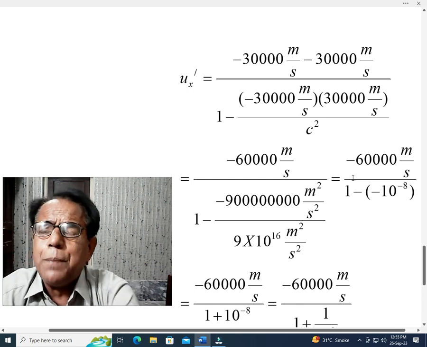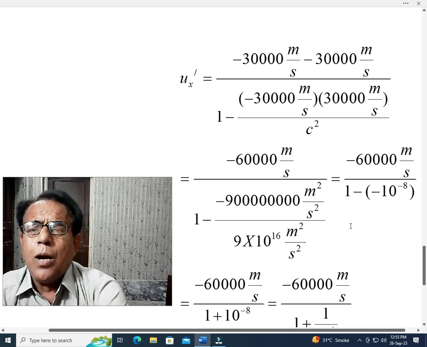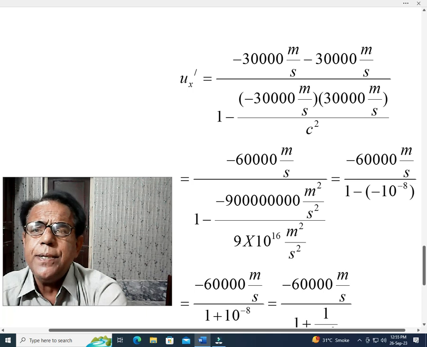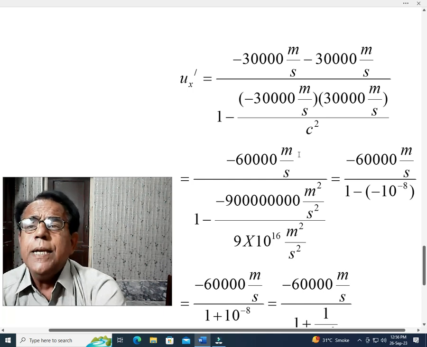In the next step, the numerator has no change, but the denominator has become 1 minus 9 with 8 zeros meter square per second square, because meter per second multiplied by meter per second becomes meter square per second square, divided by c squared.